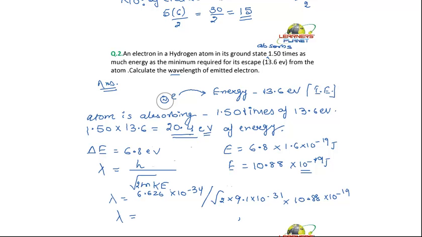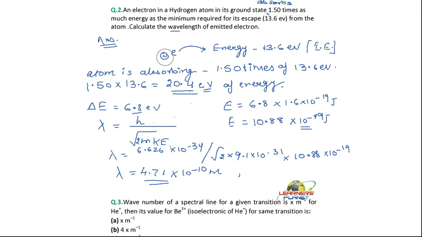Just do the calculations, and the wavelength you'll get is 4.71 into 10 to the power minus 10 meters. Got my point? Previously the procedure I was doing was very lengthy, so do it by this method. First find out the energy difference, convert electron volts into joules to form the kinetic energy, and then take out the wavelength of the light emitted.